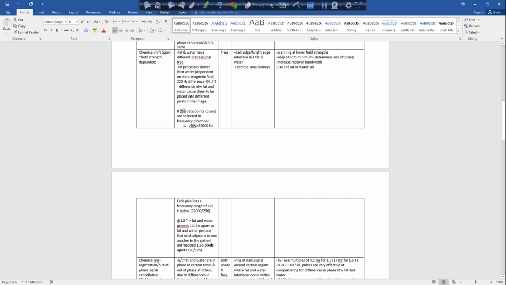So you take your receiver bandwidth, 32,000 hertz, divided by your frequency matrix, which was 256. And what's that number? I can't remember. It's like 125. 125. Yep. And then you take 220, which was our chemical shift at 1.5, and divided by that number that you get, 125, and that equals your pixel shift.